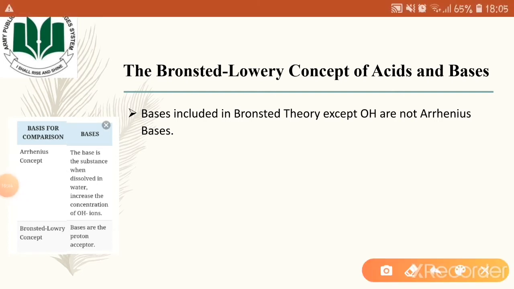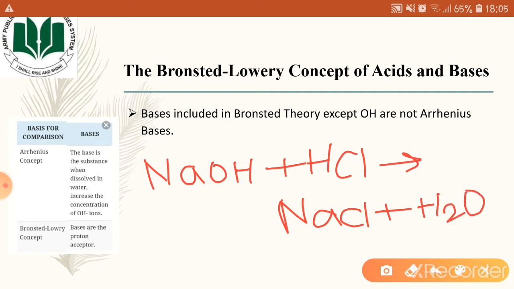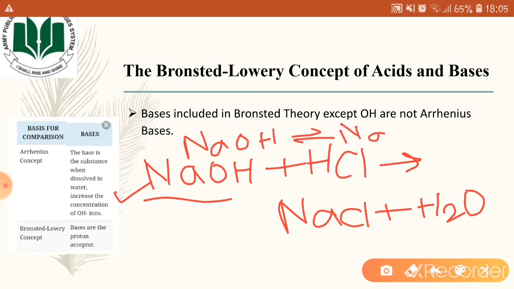Now we take another example in which sodium hydroxide reacts with hydrochloric acid to form sodium chloride and water molecule. This sodium hydroxide is a base according to the Arrhenius concept because when dissolved in water it results in the generation of sodium ion and the hydroxide ion.